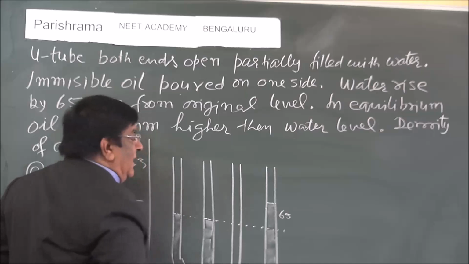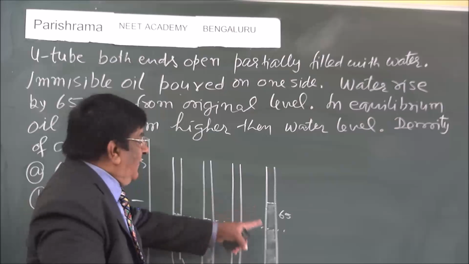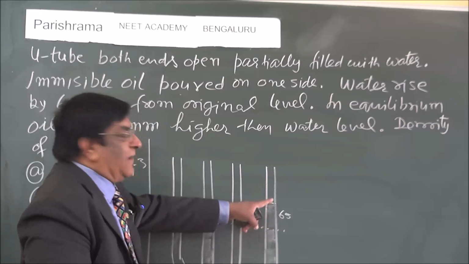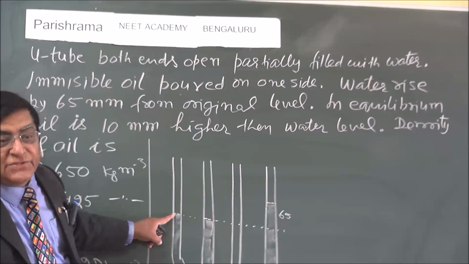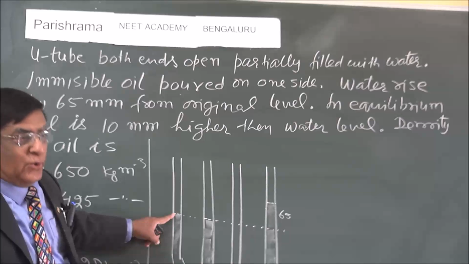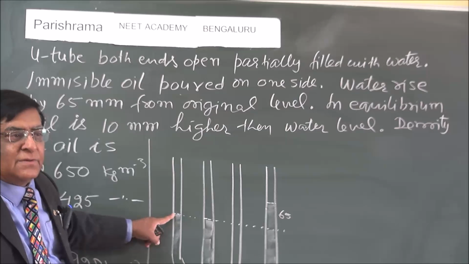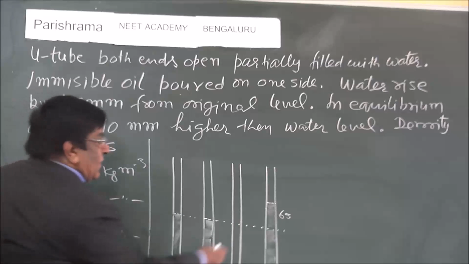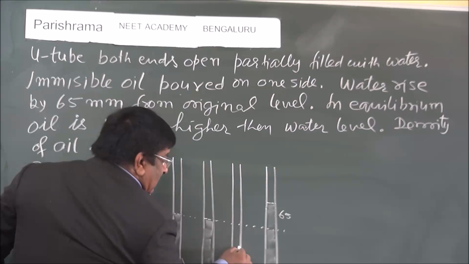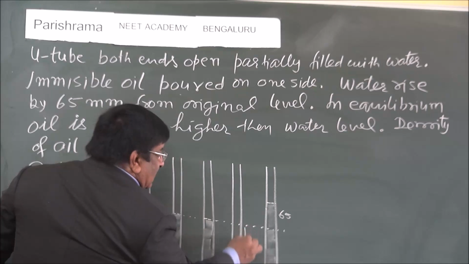Now we have to think: if it has risen 65 here, what will happen to this level? This will decrease, go down. How much? The same 65, no doubt about it. So here we make it 65 on this side.